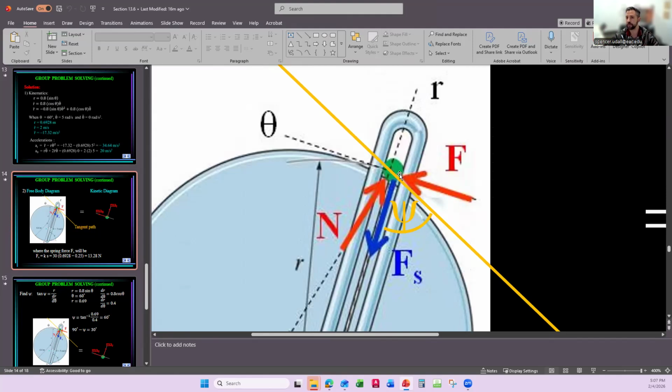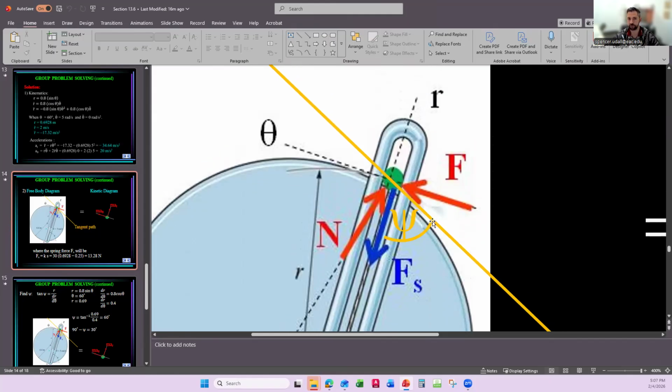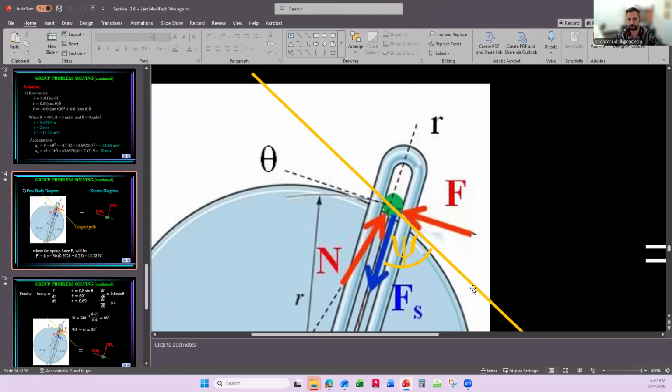We like those ones. Now there's one other force, which is the normal force that keeps the ball from falling inward on the circle. The surface of the circle pushes outward with a normal force wherever that ball rolls along it. So normal force means it's perpendicular to that surface. And we defined that surface with this yellow tangent line.